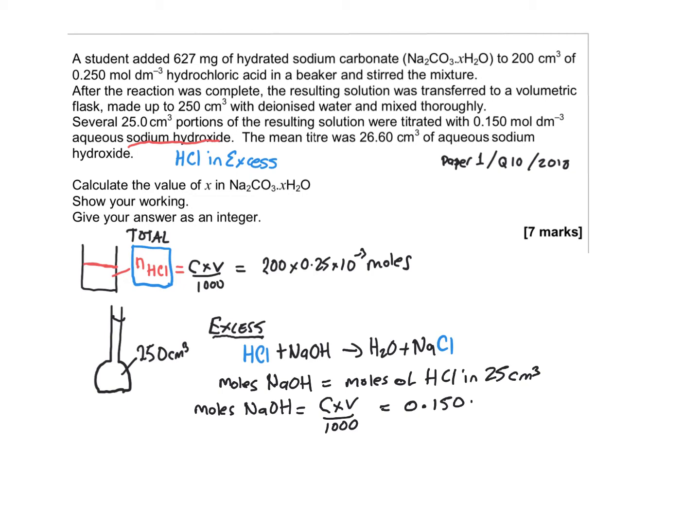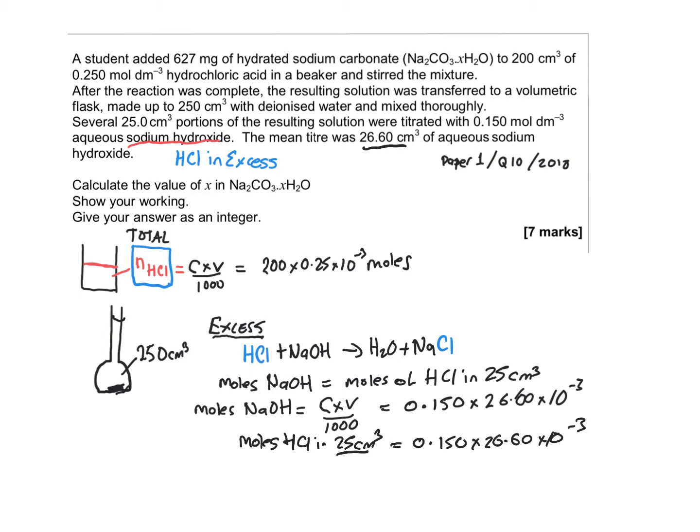The mean titre, or the volume, of the sodium hydroxide was 26.6, and then we times that by 10 to the minus 3 because we need to get this into decimetres cubed. It then follows that the moles of HCl in 25 centimetres cubed, because we took out 25 centimetre cubed portions from this standard solution here, is equal to 0.150 times 26.6 times 10 to the minus 3 as well.